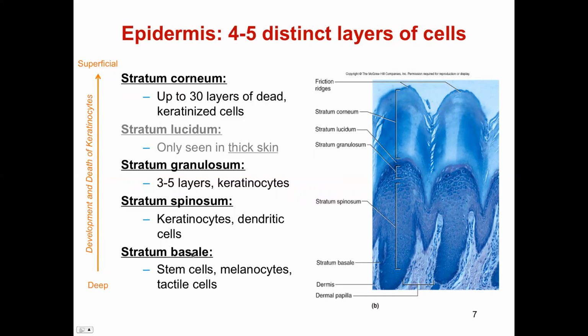The stratum basale is where you've got your stem cells, your melanocytes, and a few touch sensitive cells, and we'll go over those. The stem cells are going to be producing the main cell type, which are the keratinocytes. So the stem cells are going to differentiate into keratinocytes.